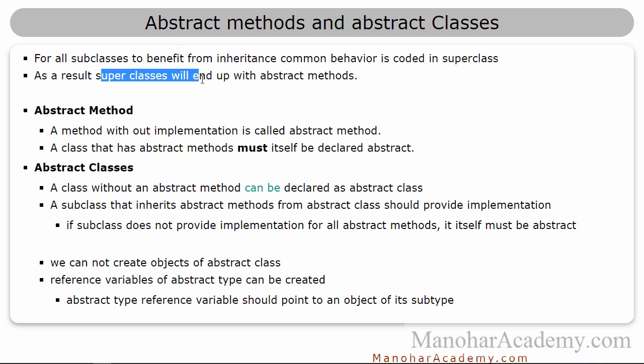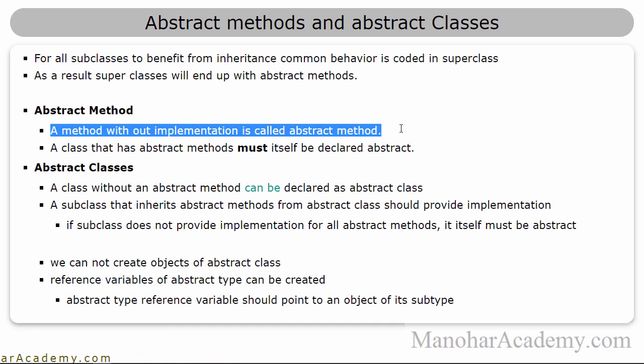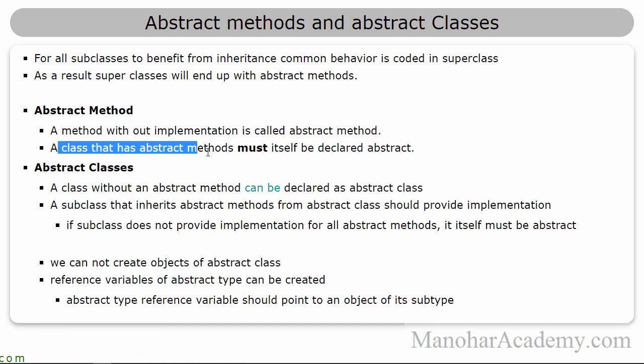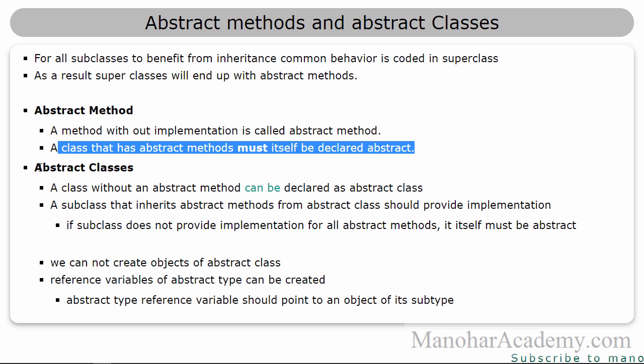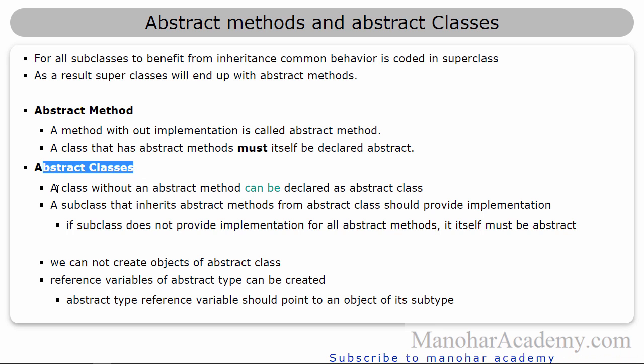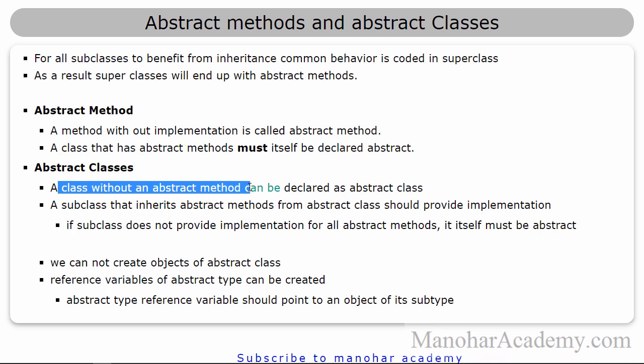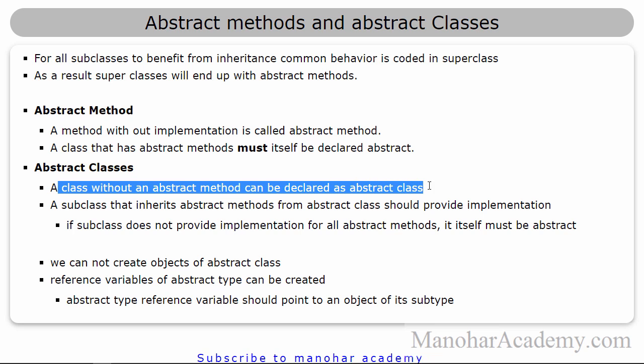As a result, the superclass will end up with abstract methods, in this case getOccupation. A method without implementation is called an abstract method, again the getOccupation method. A class that has abstract methods must itself be declared abstract, obviously. Then coming to abstract classes, a class without an abstract method can be declared an abstract class. It doesn't need to have any abstract methods to declare itself as abstract.